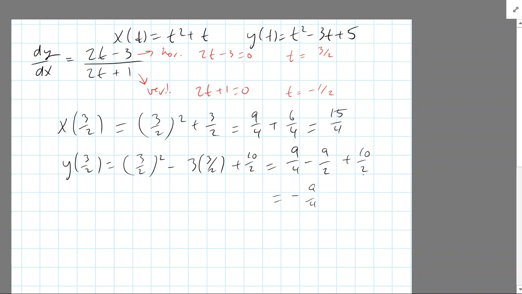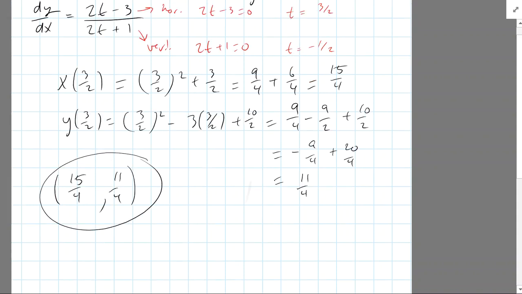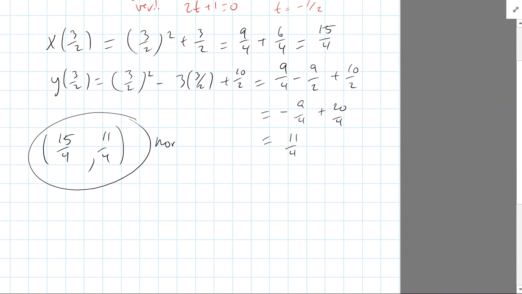And let's put this into fourths, so that becomes plus 20/4. What's 20 minus 9? So it's 11/4. So my point of tangency where it's horizontal is 15/4, 11/4. Is that my point for horizontal tangent lines? Yes?